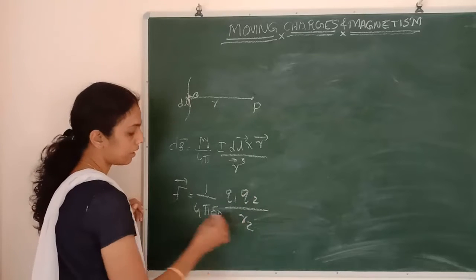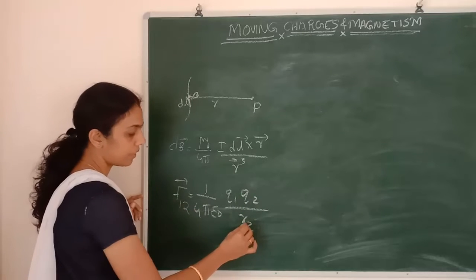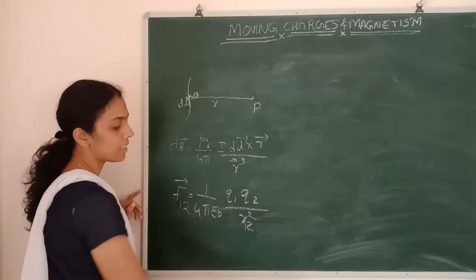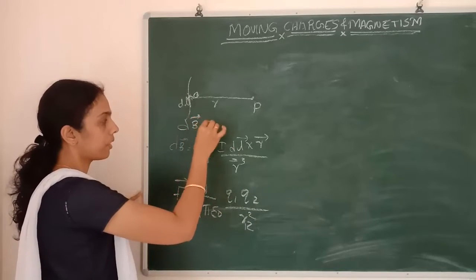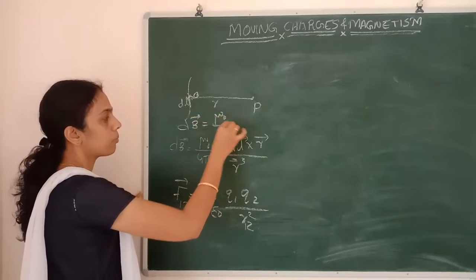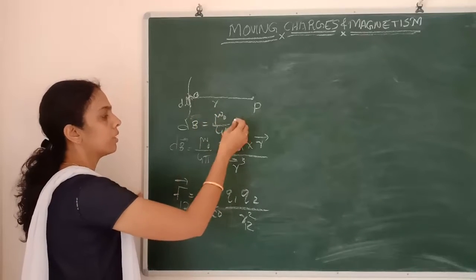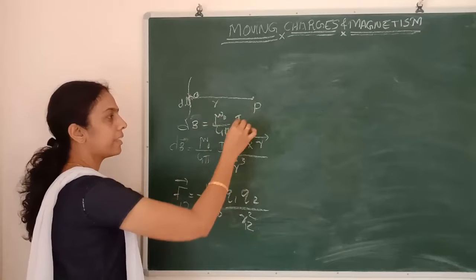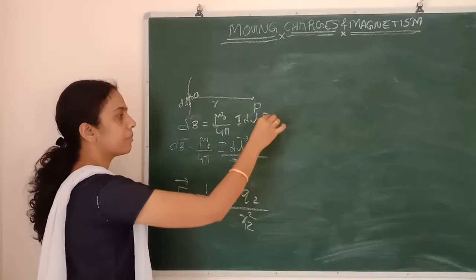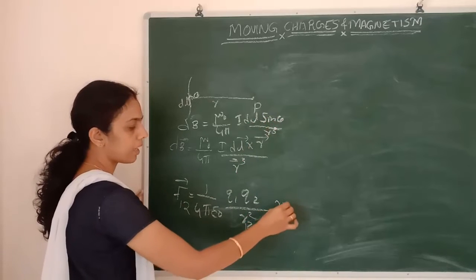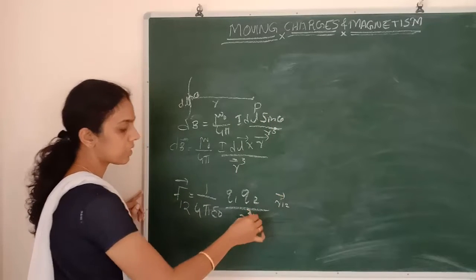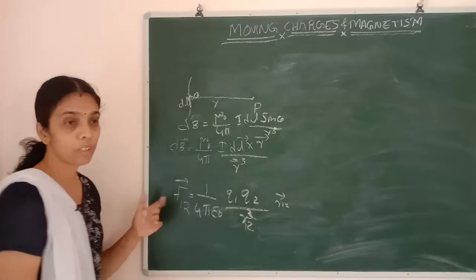So F12 is 1 by 4 pi epsilon 0 Q1 Q2 by R12 square, and the magnetic field we can write as mu 0 by 4 pi into I dl sine theta divided by R square. If I multiply by the R12 unit vector, it becomes R12 cube in vector form.